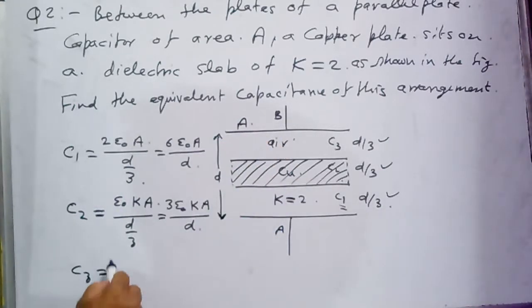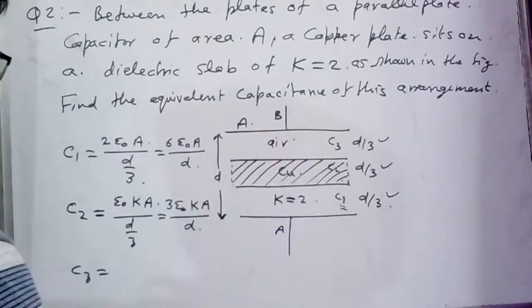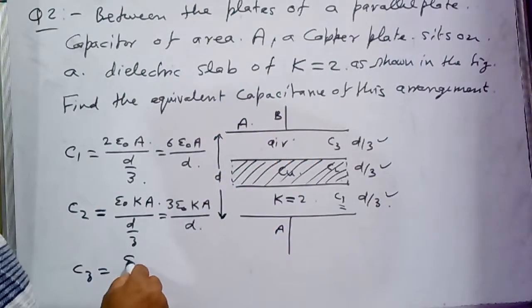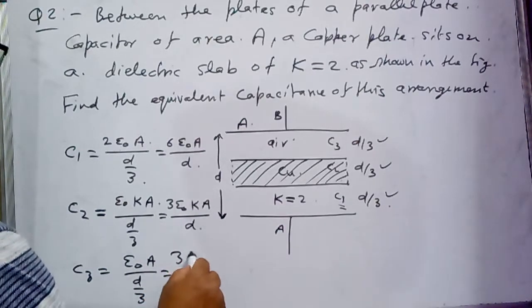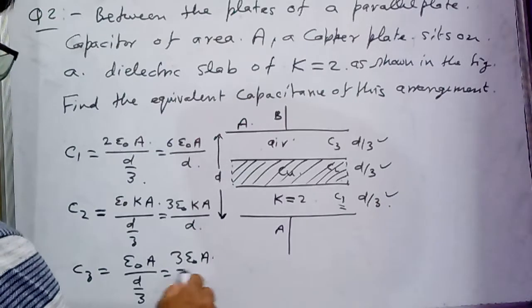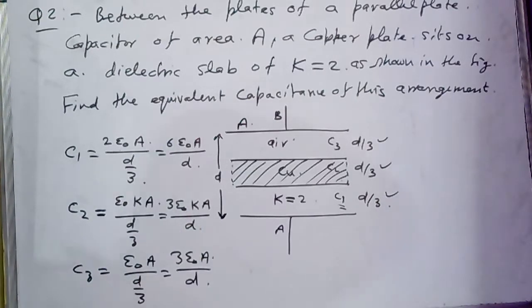C3 is simply an air filled capacitor, so its capacitance is epsilon naught A by D divided by 3, and it is equal to 3 epsilon naught A by D.